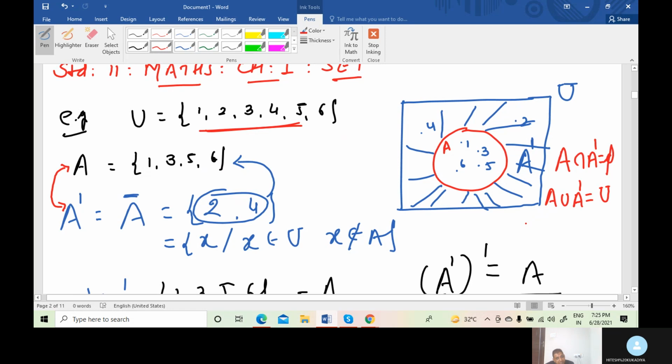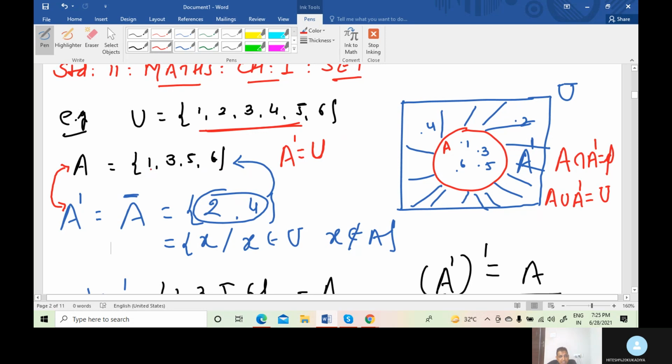In the last lecture, we discussed the difference of sets. Now we explain the complement in relation to the difference of sets. Here we discuss the universal complement. A dash equals the universal set U {1, 2, 3, 4, 5, 6}, right?